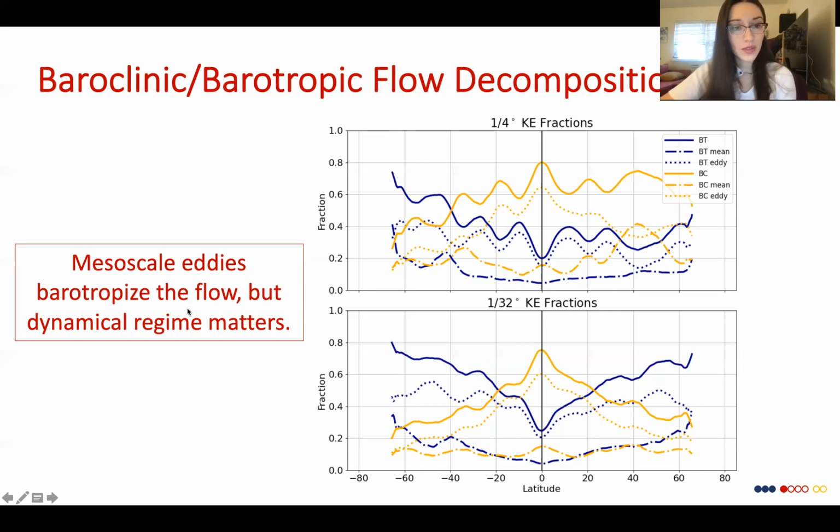So this is indicating that mesoscale eddies barotropize the flow, but also we should keep in mind that the dynamical regime matters. So for example, in the ACC, where even at the 1/4 of a degree case, the flow is dominantly barotropic, this region is much less sensitive to enhanced resolution. So it's less important to resolve the deformation radius and these baroclinic instability length scales there.